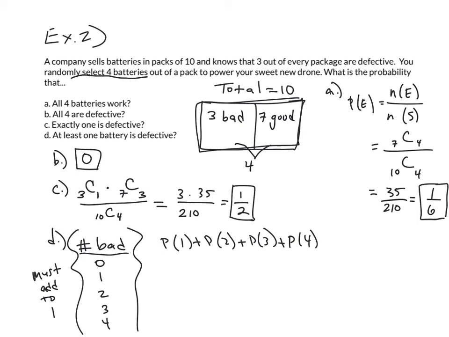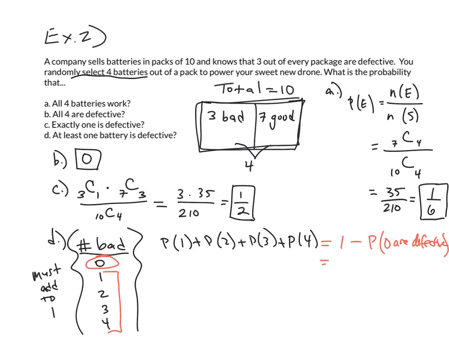The easier way to think about that, and if we go back over here to the idea of the sample space, the probability that at least 1 is defective includes all of these. The only one left is that none of them are defective. And that's the complement, because all these add up to a probability of 1. The probability that none are defective is the complement. So we can say that this is equal to 1 minus the probability that none are defective.